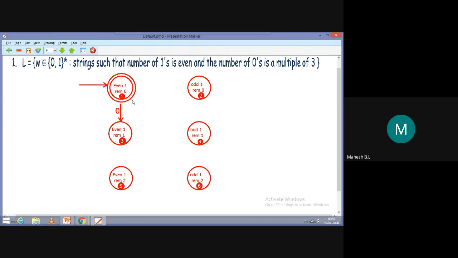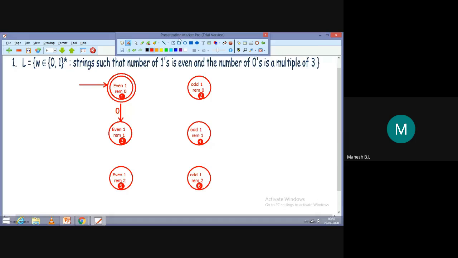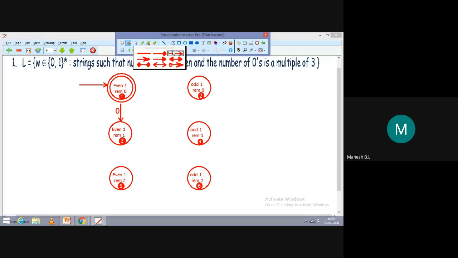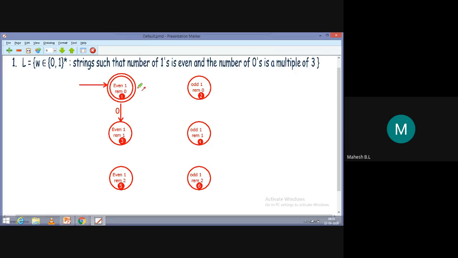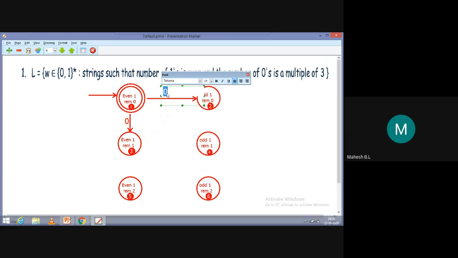So you're going to make a transition to state 2. You make a transition from state 1 to 2 on the input symbol 1.